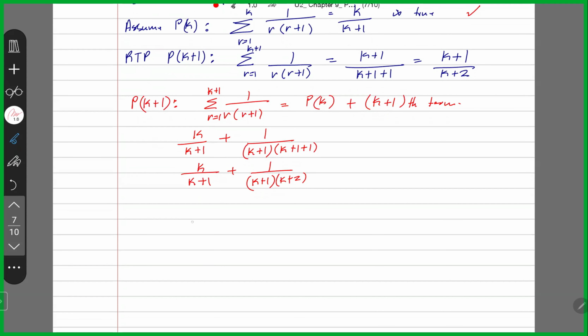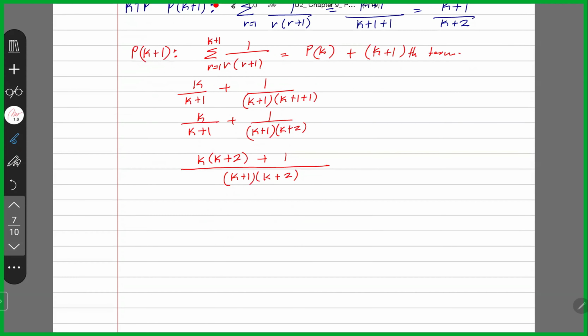So we need to find the LCM. The LCM is k plus 1, k plus 2. Now, k plus 1 into all of this is k plus 2 times k. So it's k times k plus 2 plus 1. Now, simplifying the numerator, this would be equal to k squared plus 2k plus 1 over k plus 1, k plus 2.